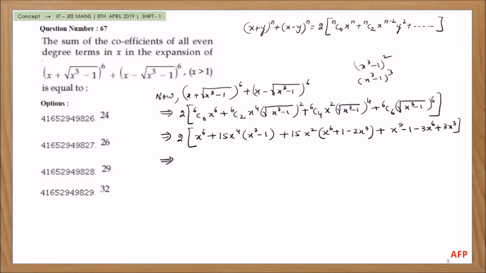Now what they have asked is the sum of the coefficients of even degree terms in x. So we will take the coefficients of even degree terms in x and add them, and we are going to get the answer. 2 is as it is. So for the even degree term, its coefficient is 1 plus, if I multiply inside, we get odd power.